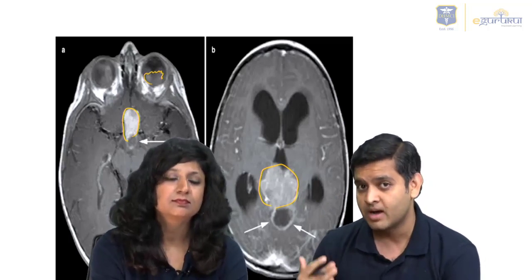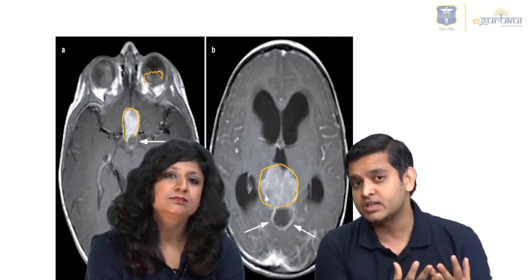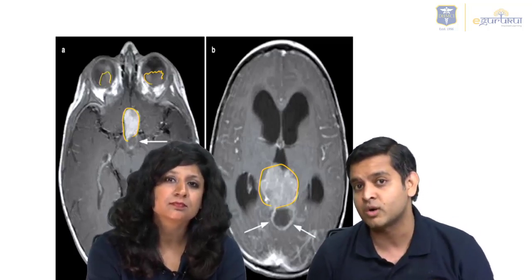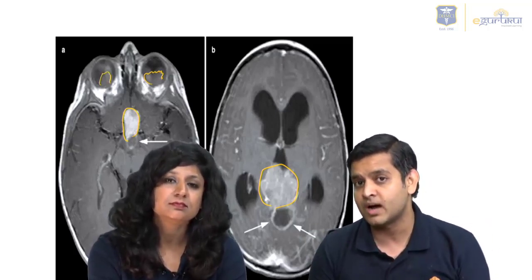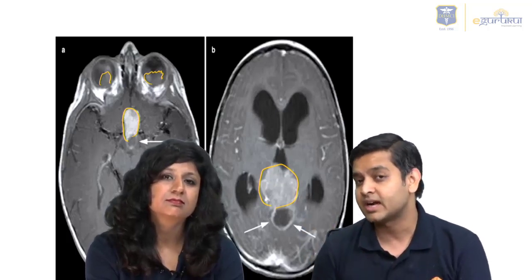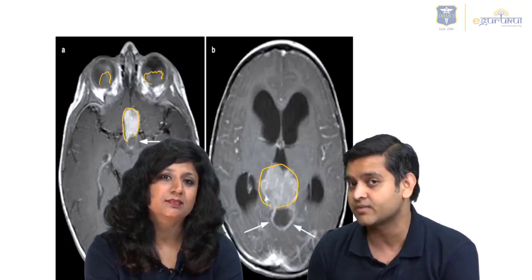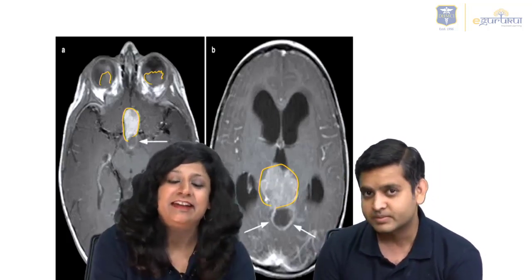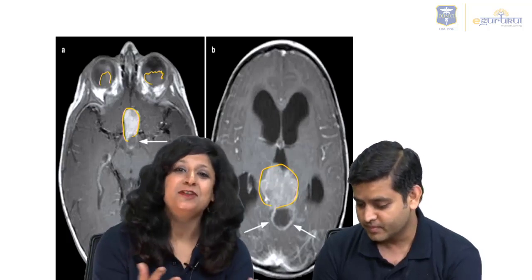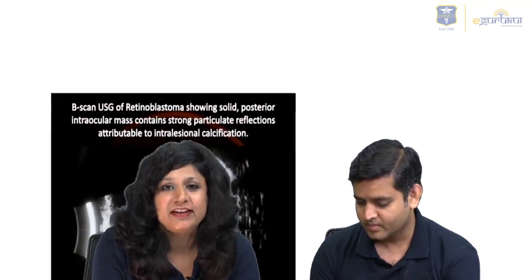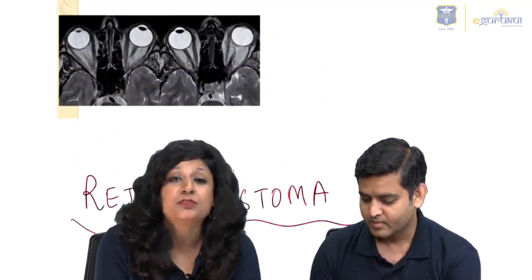Along with the retinoblastoma, you are seeing a mass in the region of the pineal gland which is extending right up to the suprasellar cistern. So that's a case of trilateral retinoblastoma. I think this is very interesting, because in the class also we always find it interesting that there is a term called trilateral retinoblastoma, and today we are able to see it.